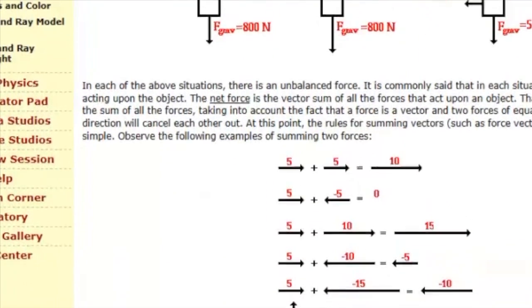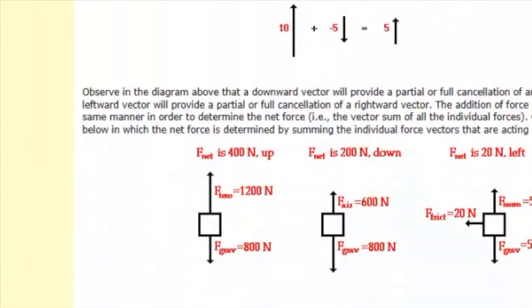They're vectors and they're in opposite directions. So if you look, F net is 400 newtons up. The second picture, F air, is 600 newtons up and F grav is 800 newtons down. We simply subtract them, just like we did in previous chapters. So the net force is going to be 200 newtons down.